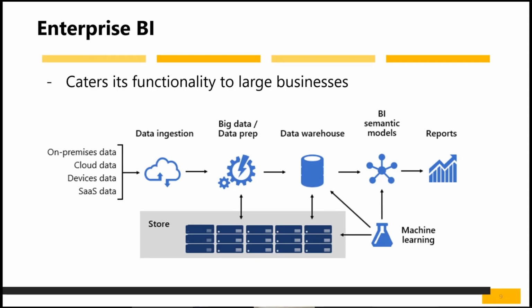Once we get that data, we do data ingestion, and after that data preparation. In this step, we join tables and cleanse our data, removing some columns, and we can split and merge. There are a lot of things we can do in this data preparation step.